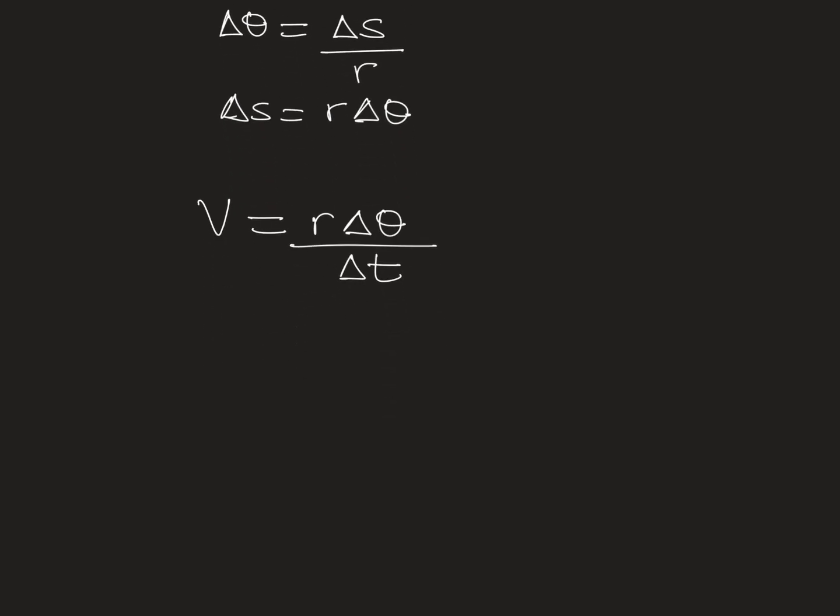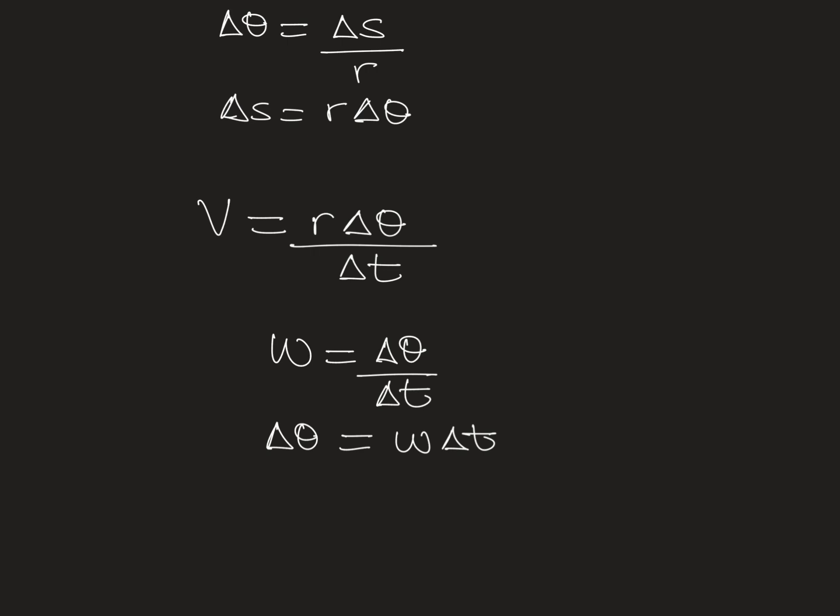And again, if you remember previously, we said that the angular velocity is equal to change in the angular displacement divided by change in time. I think you can remember this. So if I want to find change in the angular displacement, that will be omega times delta t.